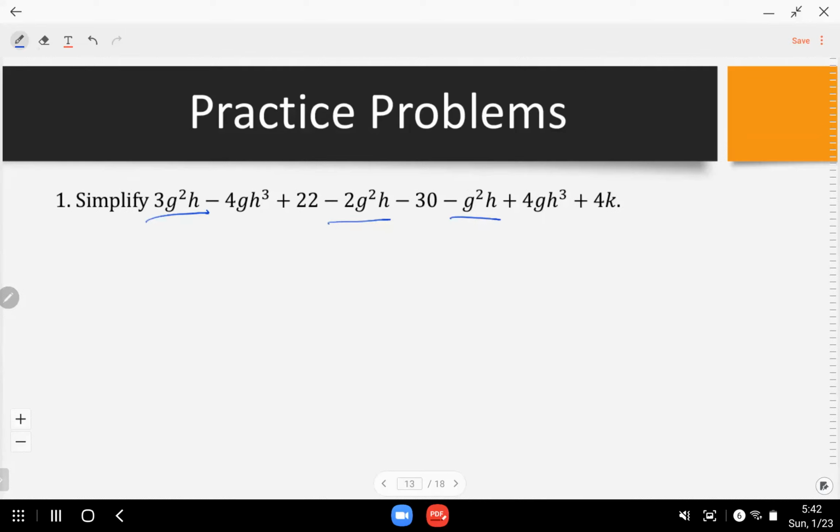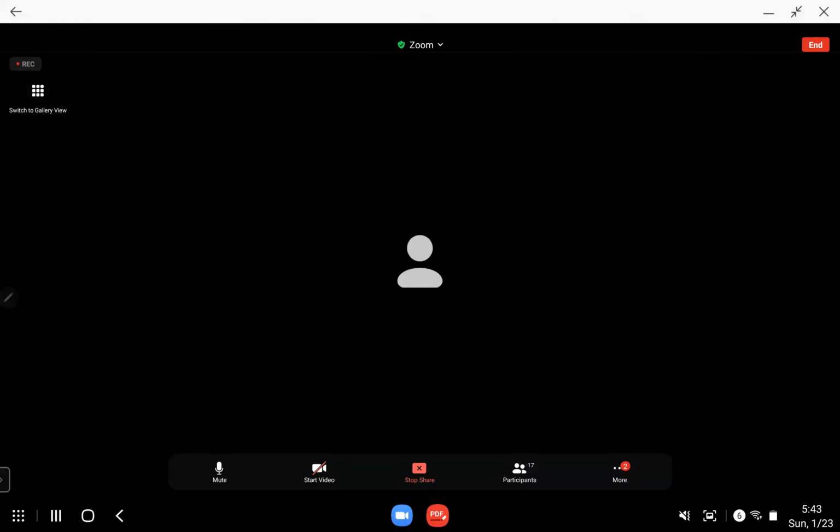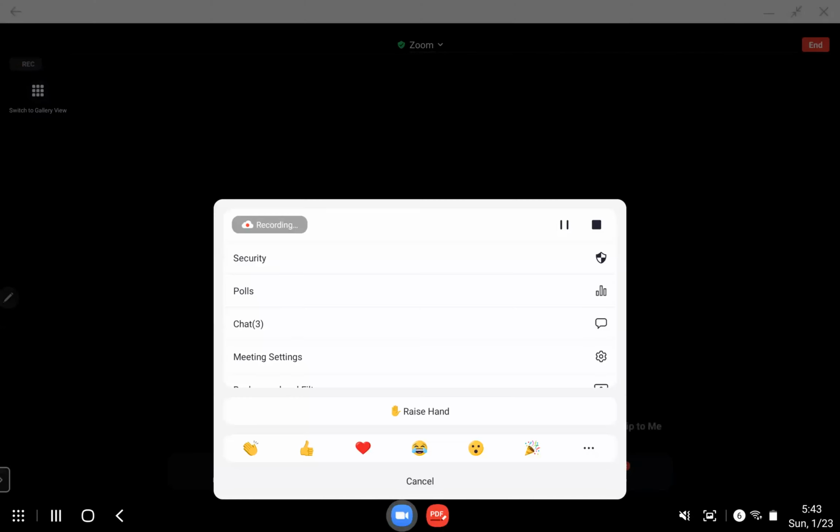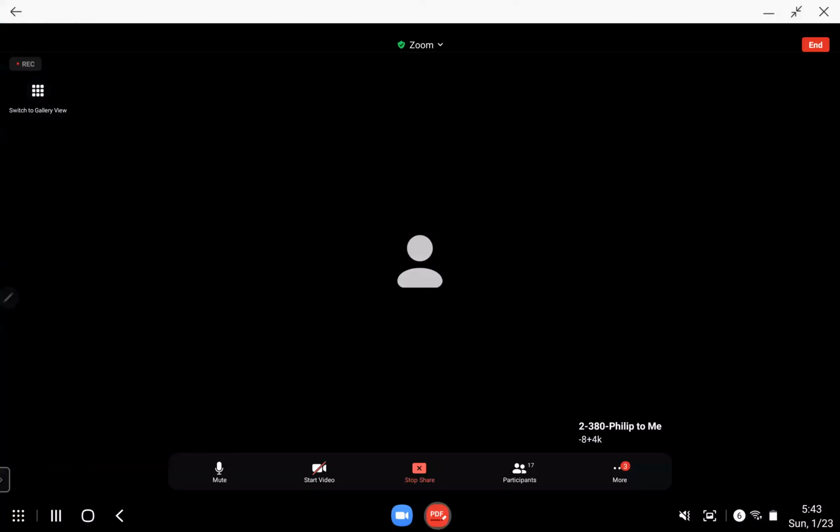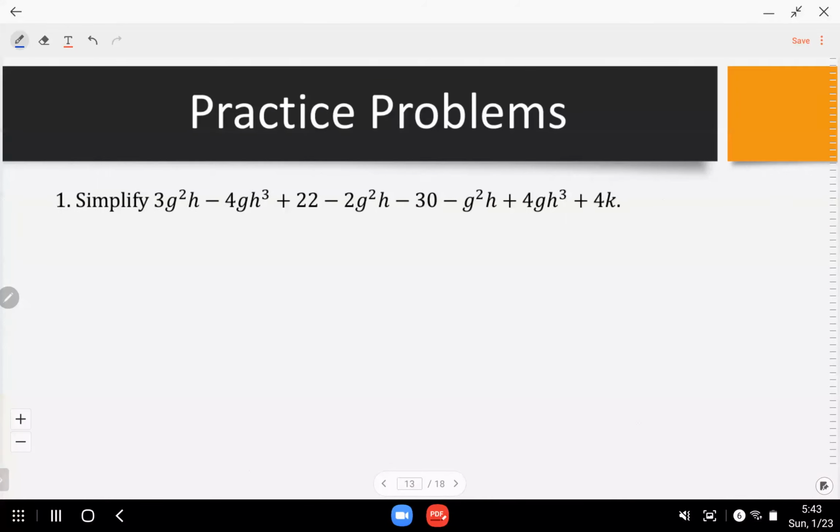A lot of these terms cancel out until it's just a very small mathematical statement. So make sure you check your answers, especially with combining like terms. It's very easy to make mistakes, so pay attention and do the problem carefully. I'll give you a few moments to complete this problem. I'll leave this slide up, and you can put your answers in the chat box.